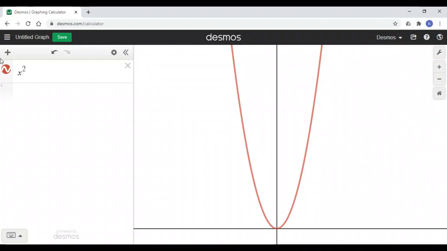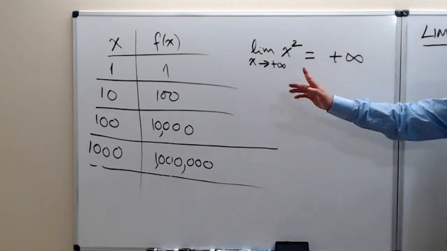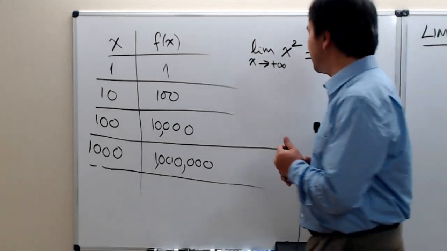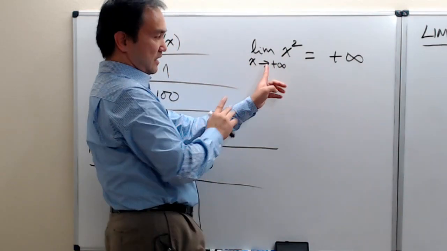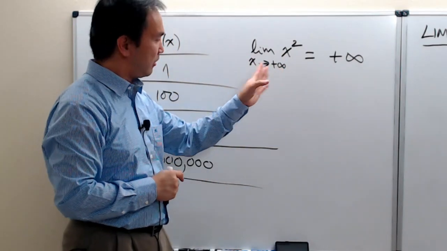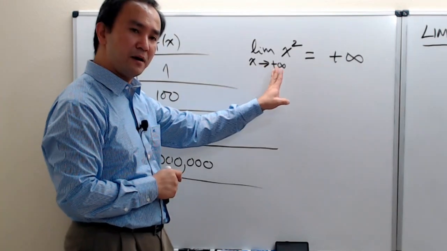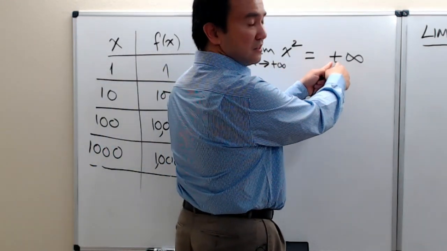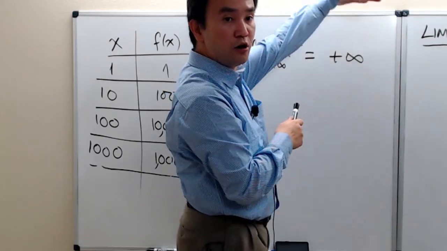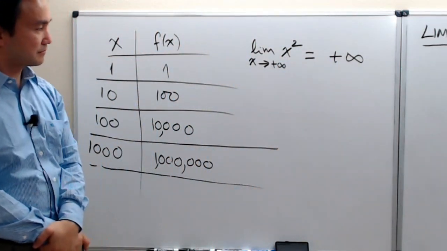That makes sense with our understanding. So graphically it also agrees with our conclusion earlier that for the function x squared, as we let x approach positive infinity, the limit, the function itself, grows to positive infinity as well.